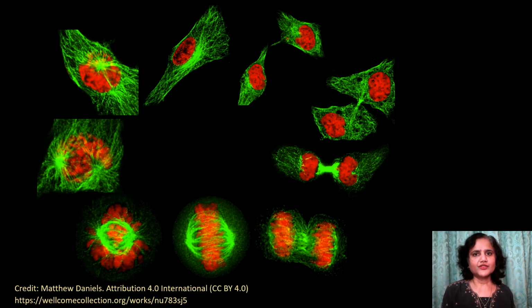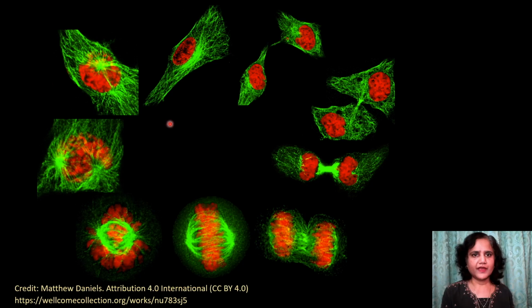Human cells showing different stages of cell division, starting with interphase, are shown here. The red is the DNA and green are microtubules again. And we are progressing anti-clockwise in this image.